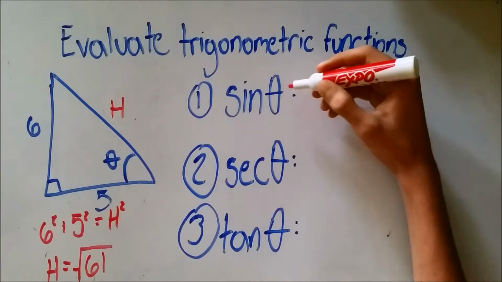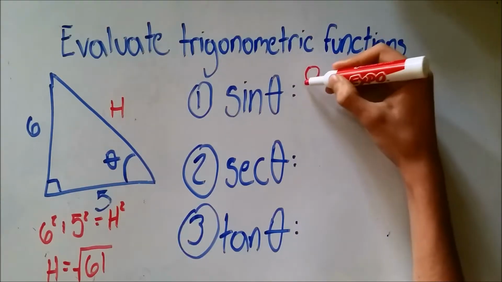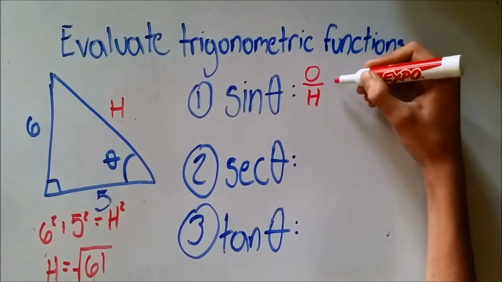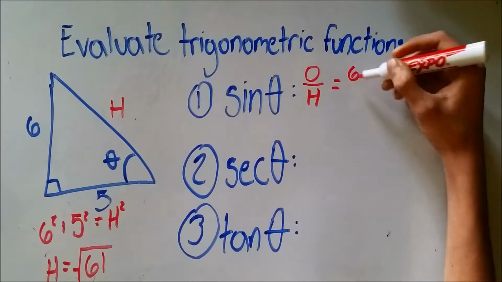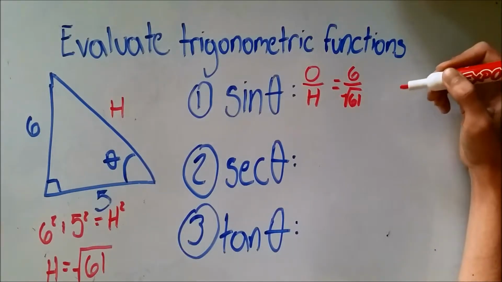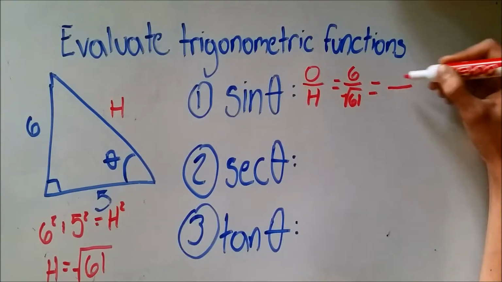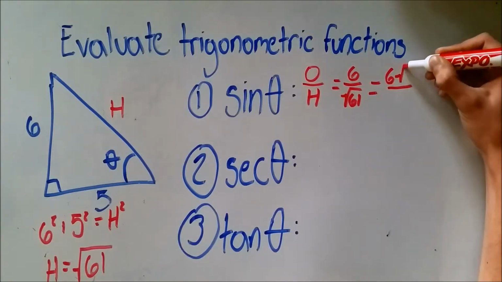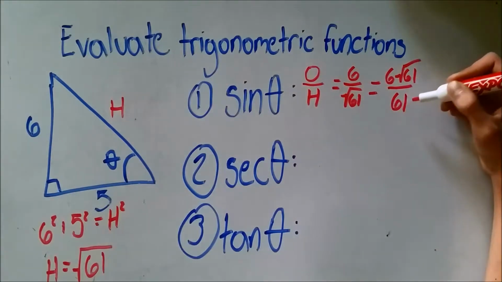First, we have the sine of theta. If you remember correctly, the sine of theta is equal to the opposite over the hypotenuse. Therefore, it will be equal to 6 over the square root of 61. If you want to simplify this, you can make it equal to 6 times the square root of 61 over 61.